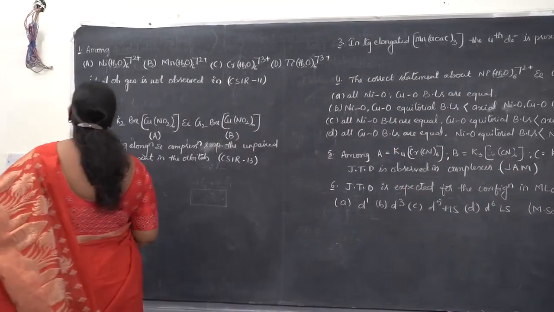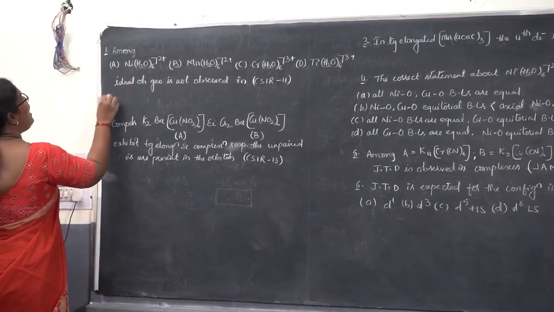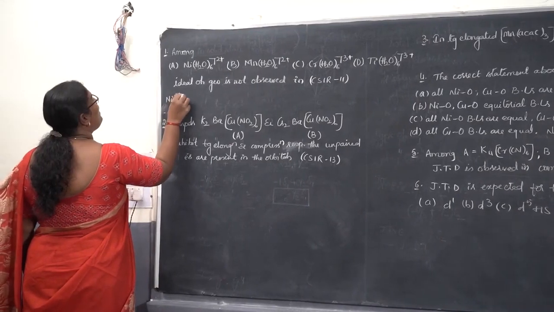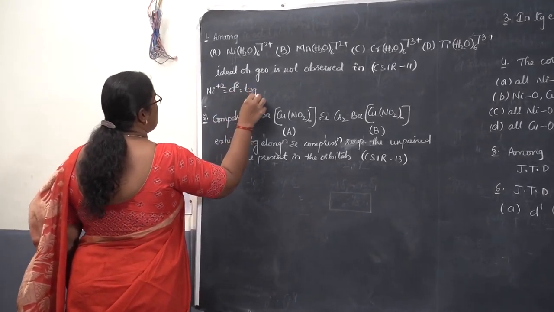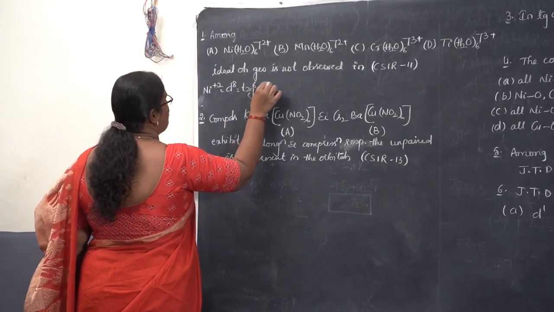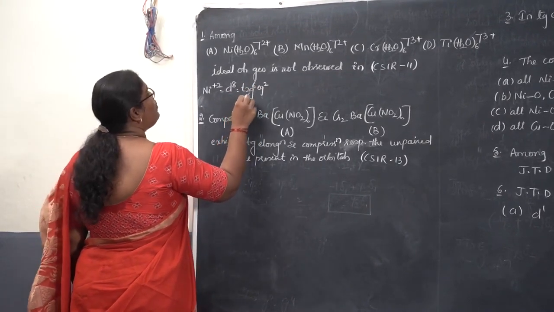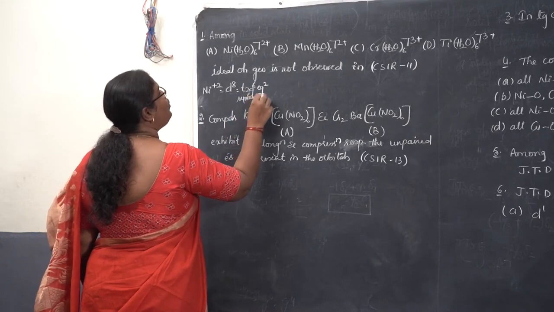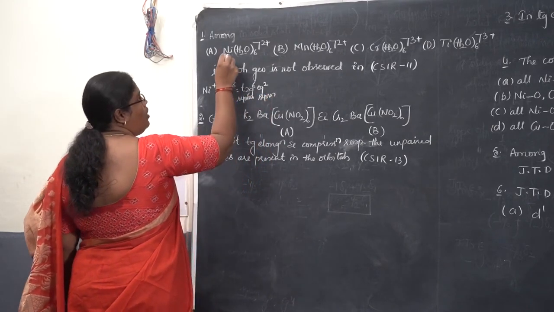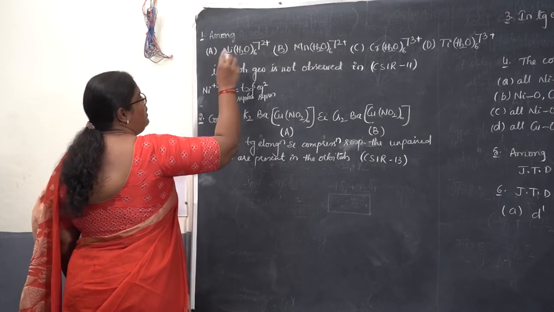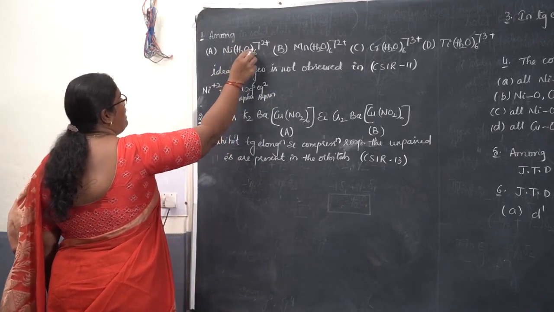So when you see the first option, it is Ni plus 2. Ni plus 2 is a d8 system. So the configuration is t2g6 eg2. So both are symmetric. There is no distortion. So all the metal ligand bond lengths are equal.